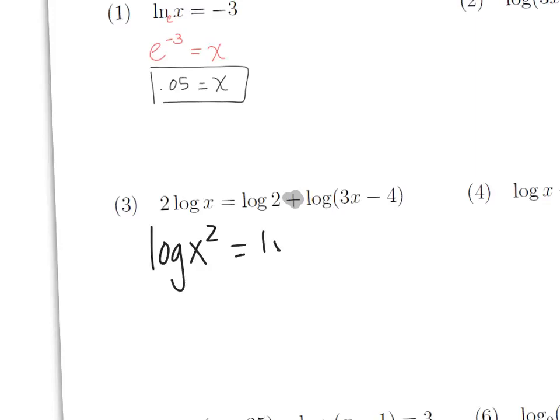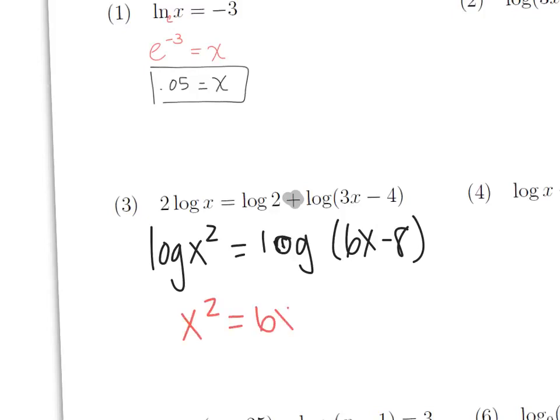So I end up with the log of 6x minus 8. So I have the log of x squared on the left side and the log of 6x minus 8 on the right side. So what happens? I can rewrite it as x squared equals 6x minus 8.